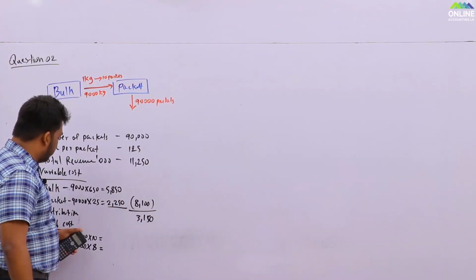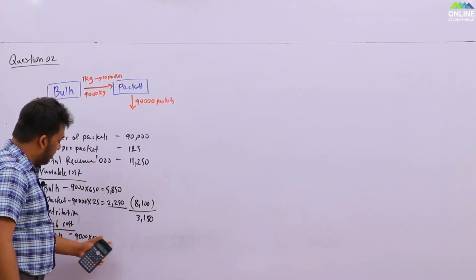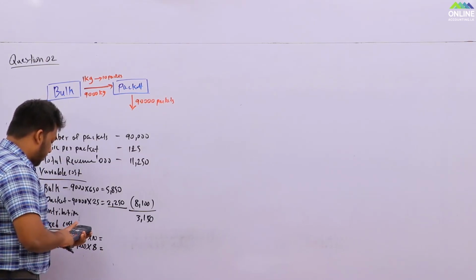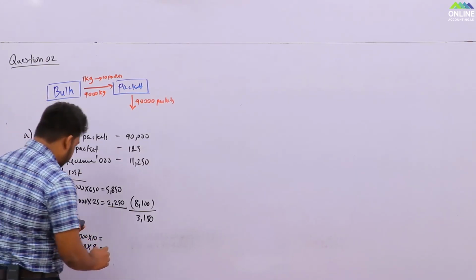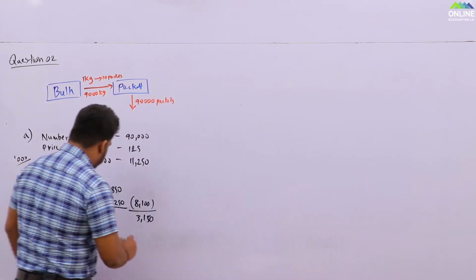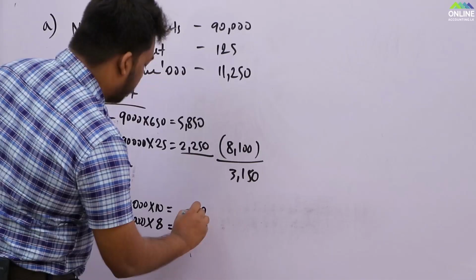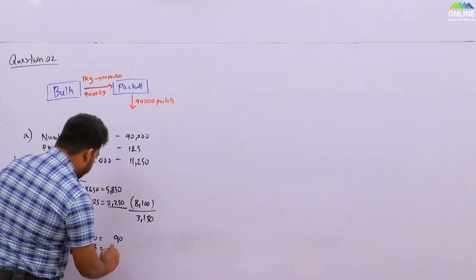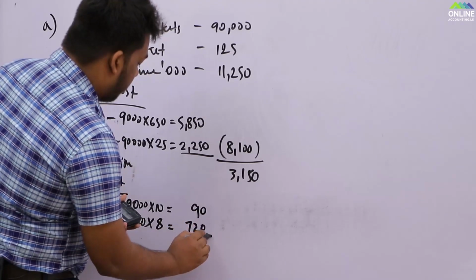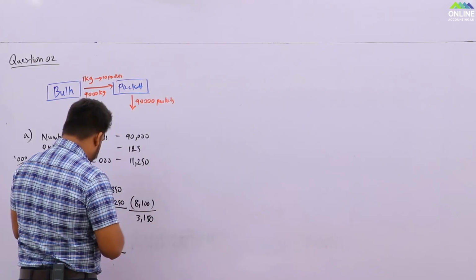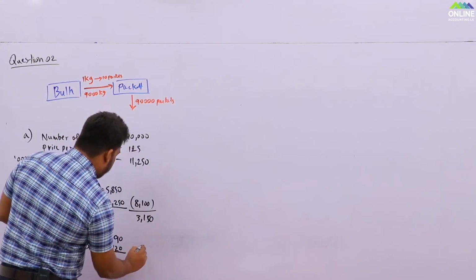If it is 8,000, the total fixed cost should still be this answer. So 9,000 into 10, that is 90,000. And 90,000 into 8, 720. So 720 plus 90 is 810.